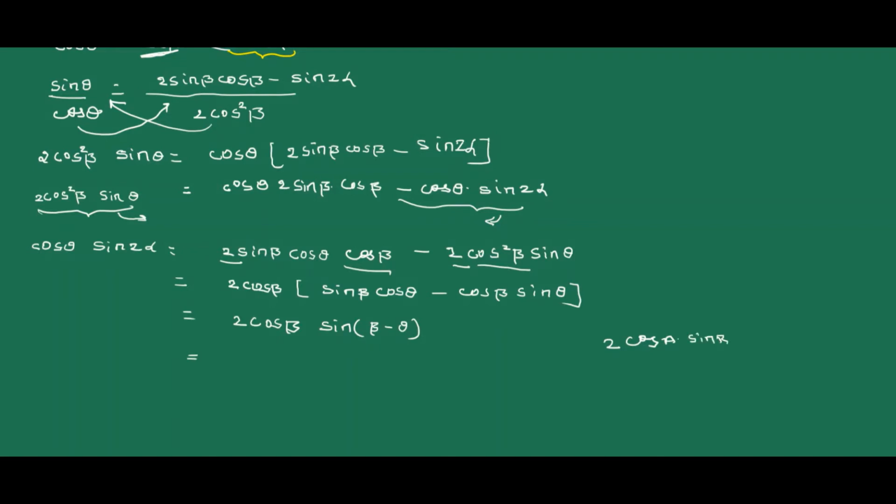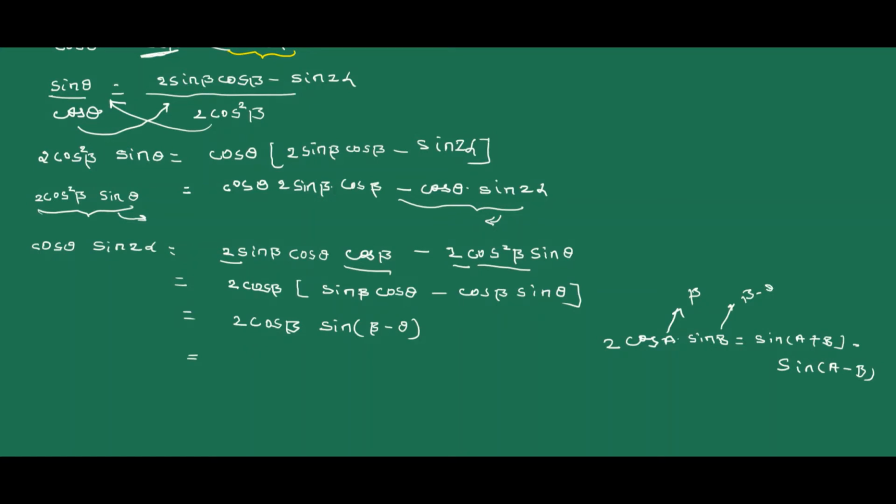What is the formula for 2 cos a into sin b? That is equal to sin a plus b minus sin a minus b. In place of a we have beta, and in place of b we have beta minus theta.